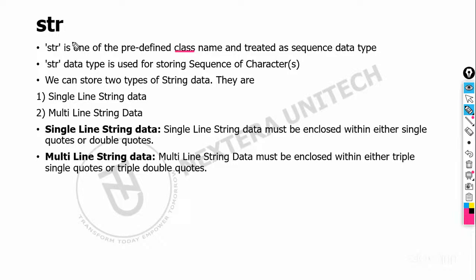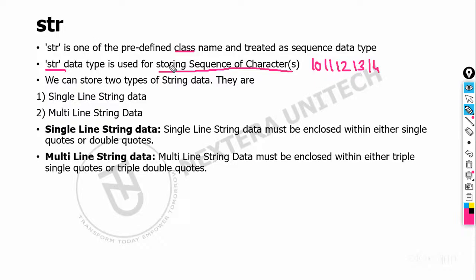Like the predefined classes that we discussed in our previous session, str is also a predefined class and it is treated as a sequence data type. The purpose of the str data type is to store a sequence of characters. If there are multiple characters, multiple values, I can store all of them using str.